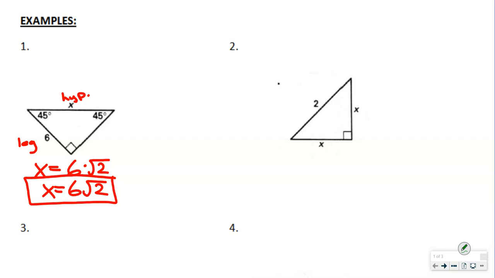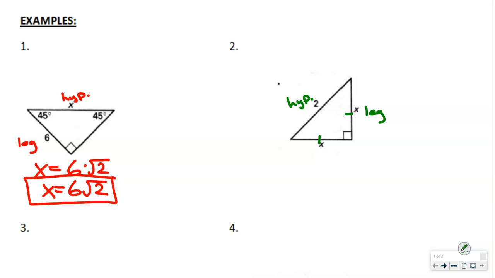In our next example, our hypotenuse is 2, and x is our leg. Notice again, we know it's a 45, 45, 90 because both legs are x. So we know it's an isosceles triangle, and since it's an isosceles right triangle, we know it's 45, 45, 90.